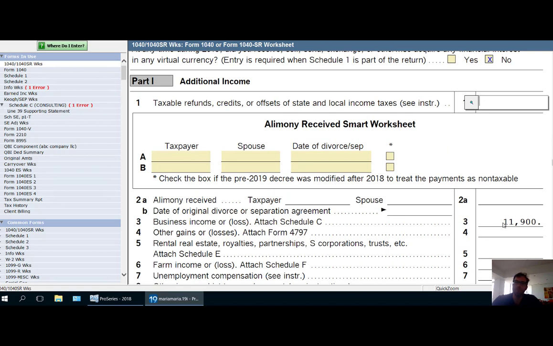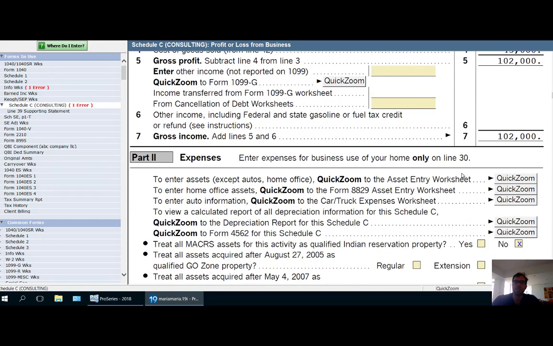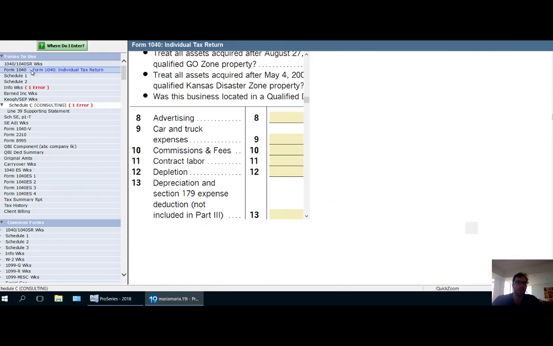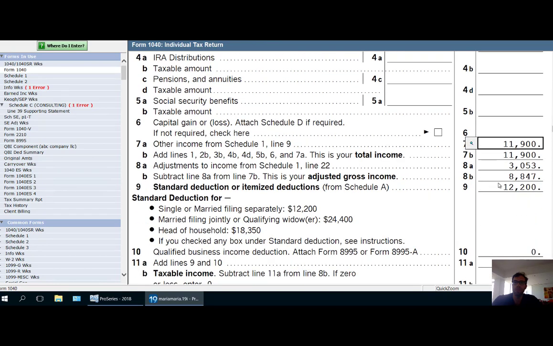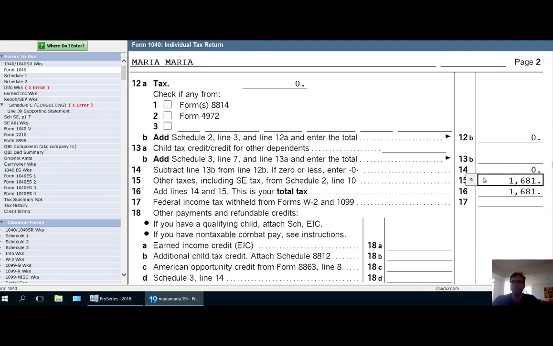Right now she has 11,900 of income, and if you show the 1040, she's already got a standard deduction of 12,000, so her taxable income is 0. She'll owe some self-employment tax, but she won't owe any income tax.